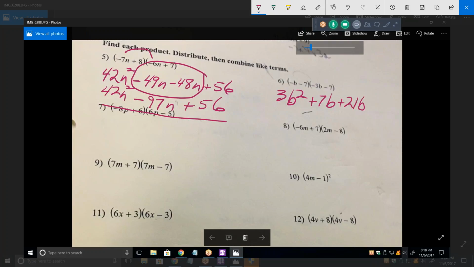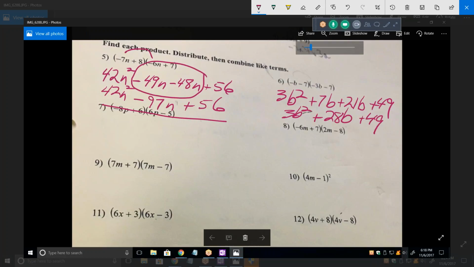Sorry, not b, plus 49. There we go. And then we gotta simplify the terms. So 3b squared plus 28b, and then plus 49.